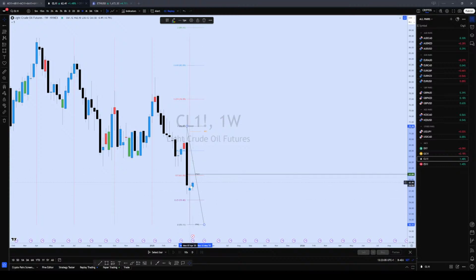The wick is too long for it to be redistribution, hence it could go a little bit deeper into the gap on the weekly.